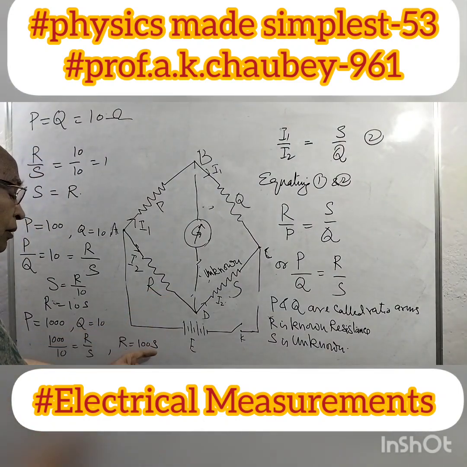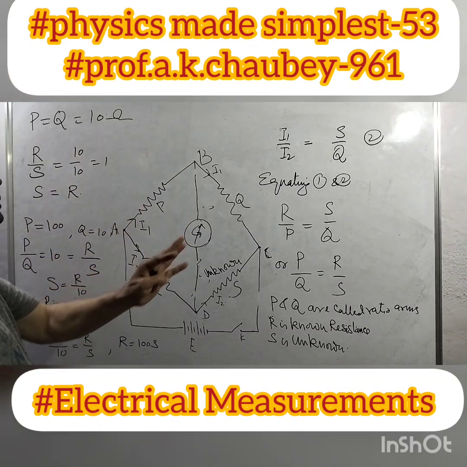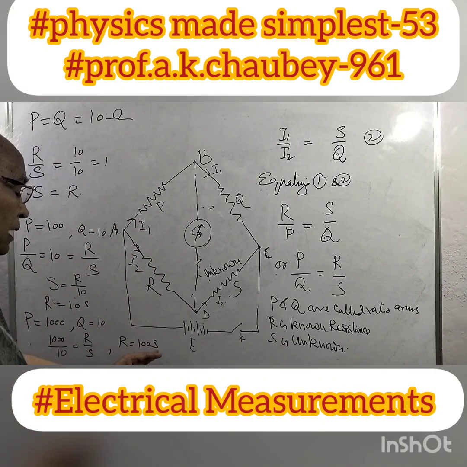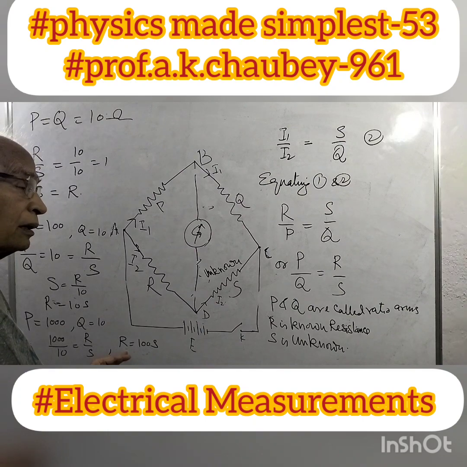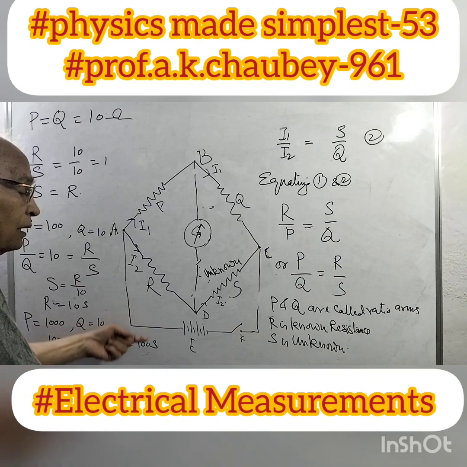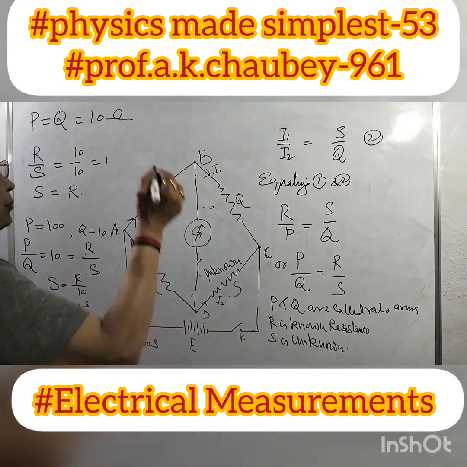So now S is R upon 100, which means we get the second decimal point. It was 1 by 10, now it is 1 by 100. S is R by 100. So whatever R we take from here, 1 over 100 of it is S. That gives us the second decimal point.